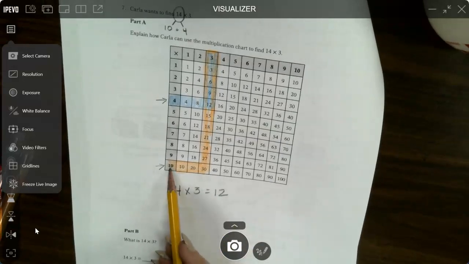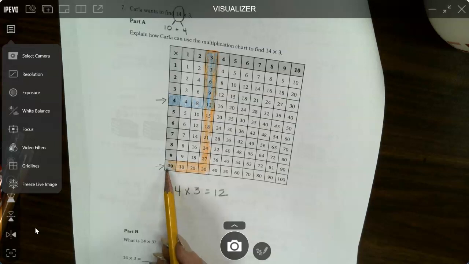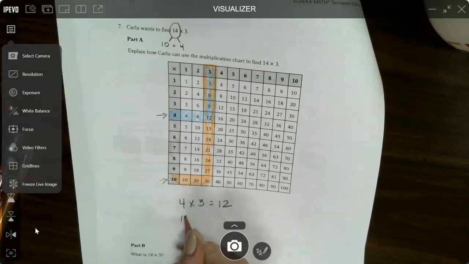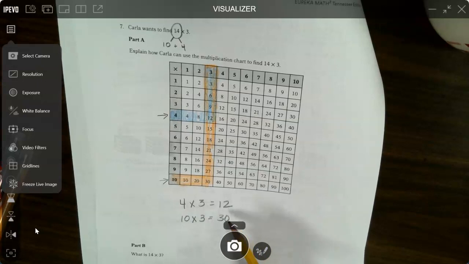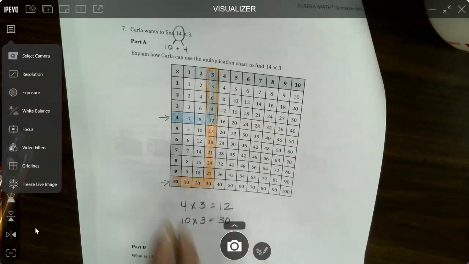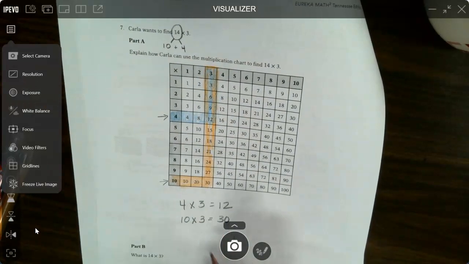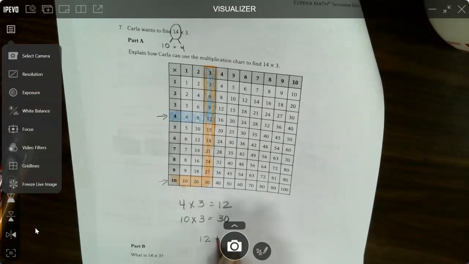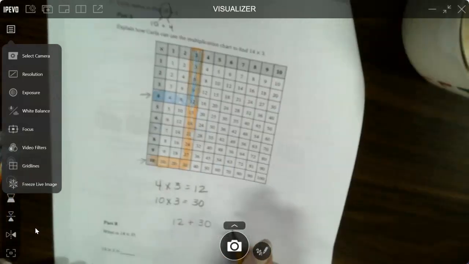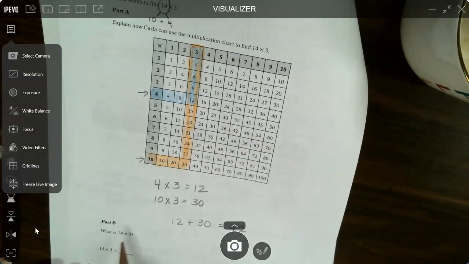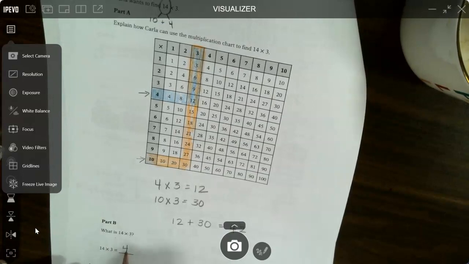Then I can multiply the other part by 3, 10 groups of 3, and that gives me 30. Those are the products of the 2 parts, but when I break something apart, I have to put it back together. So I have 12 and I have 30, and I have to put them back together, which gives me 42. So 14 times 3 is 42.